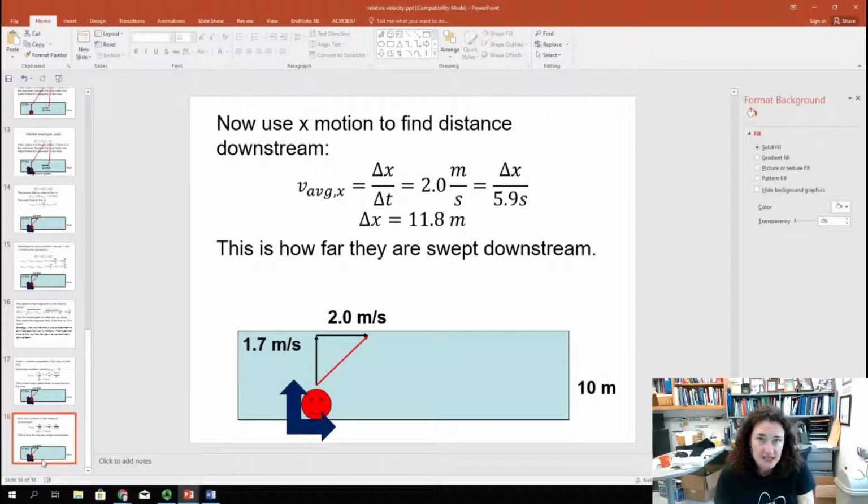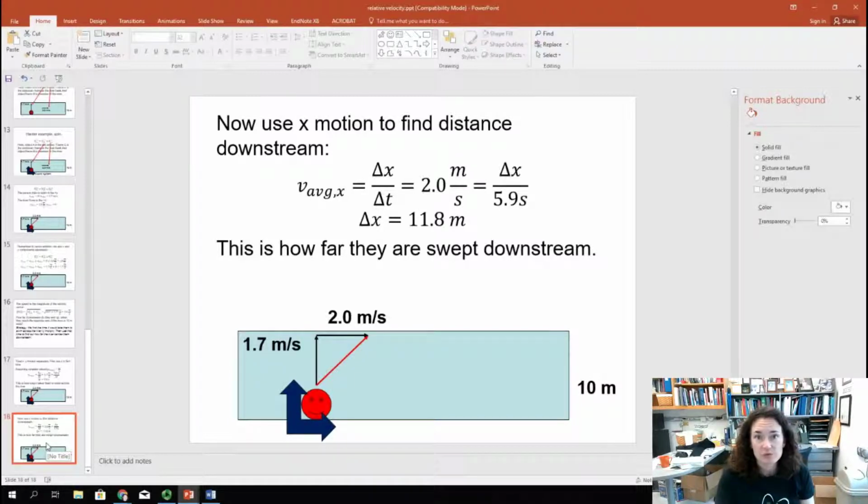Now we use the x motion equations to find the distance that the person is swept downstream while they're swimming. Yet again, since there's no acceleration, we can just use the definition of the average velocity to do this. Here we have v average in the x direction is equal to the change in x divided by the change in time. The change in x is what we're trying to solve for. That's how far they get swept down the river. And the change in time is what we found previously, which is 5.9 seconds.